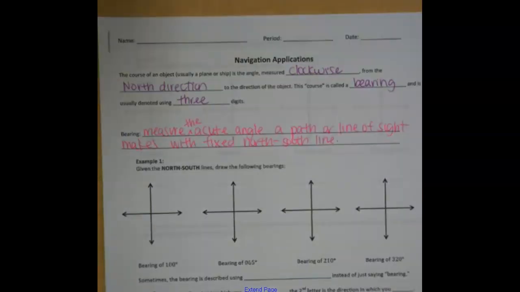A bearing measures the acute angle a path or line of sight makes with a fixed north and south line.